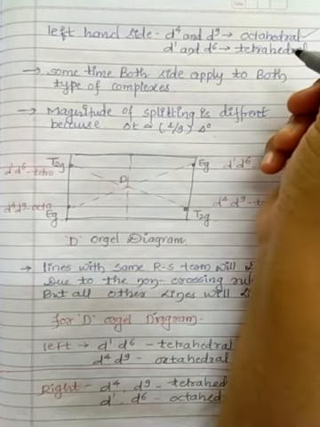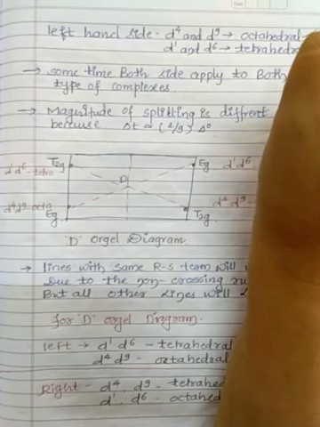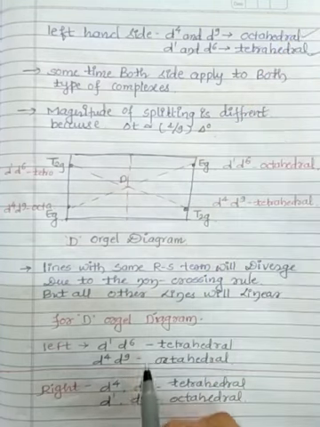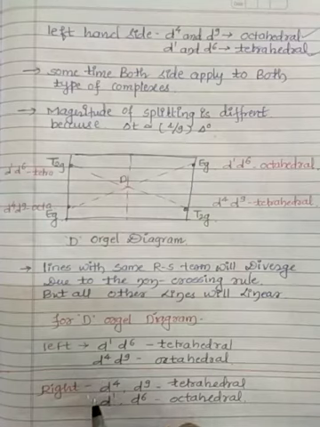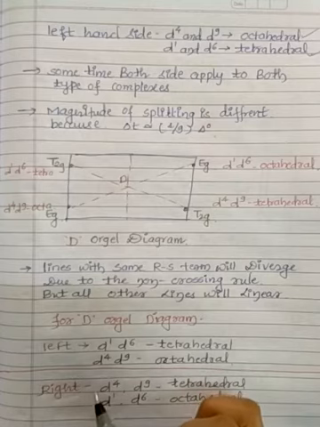Sometimes both sides apply for both types of complexes, and as a result ligand field states are the same for a D1 ion in an octahedral field as they are for D4 in a tetrahedral field. Now, although both sides of the diagram can apply to tetrahedral or octahedral in some cases, it is meant to show one side of the diagram but not the other.